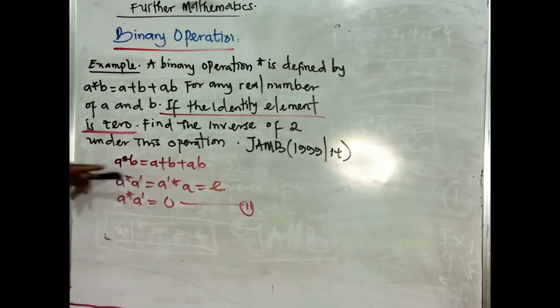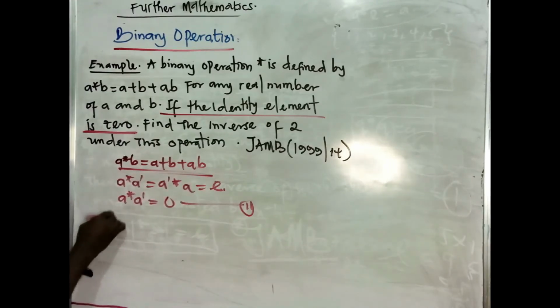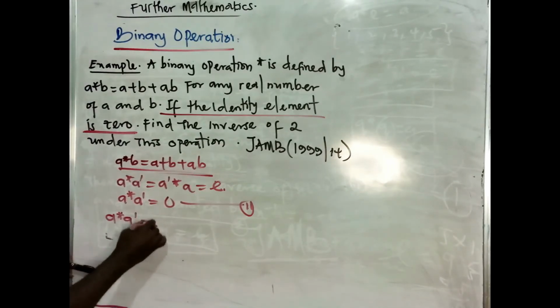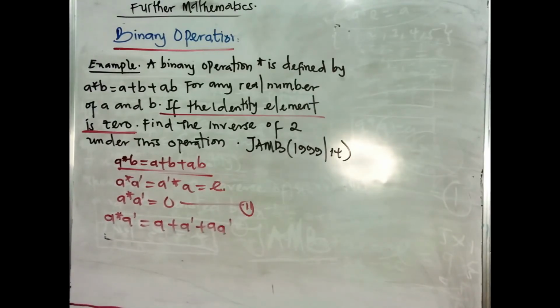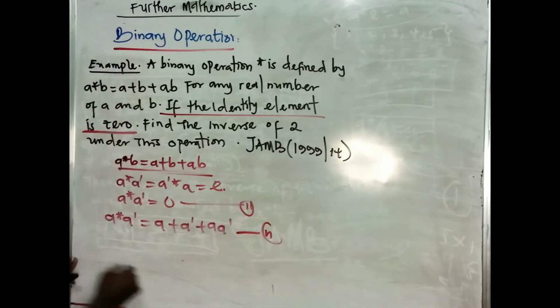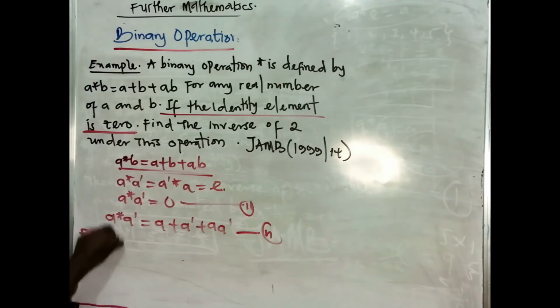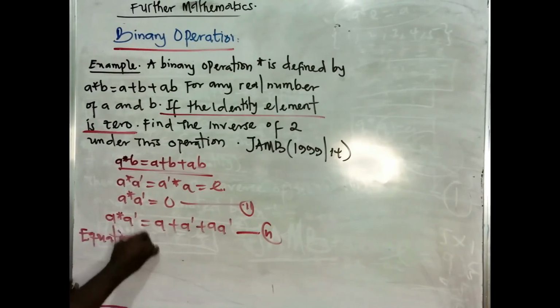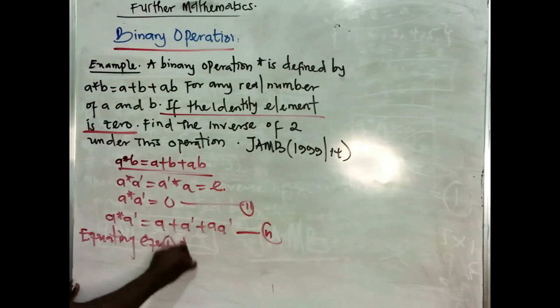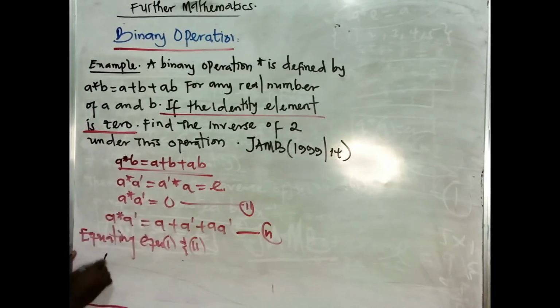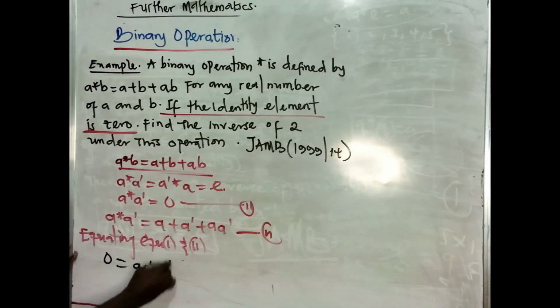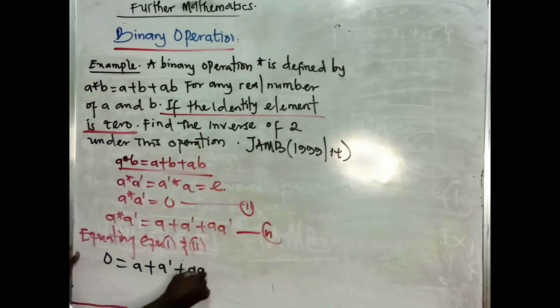Now putting the inverse into this expression, a operation a inverse becomes a plus a inverse plus a a inverse. So I can now proceed. Pay attention, I can call this equation 2. Equating equation 1 and equation 2, 0 is equal to a plus a inverse plus a a inverse.